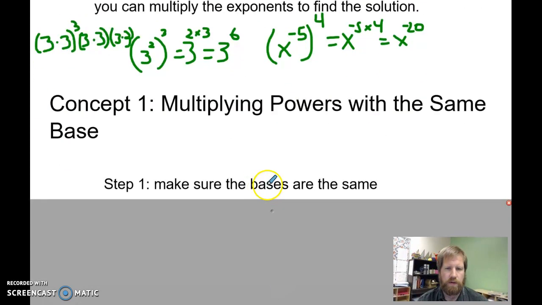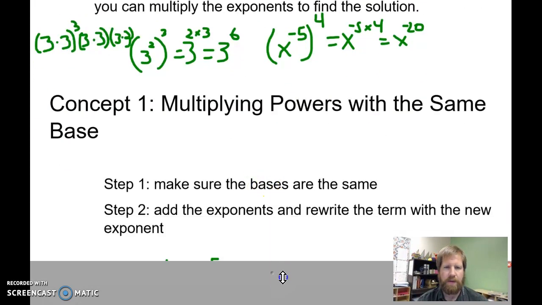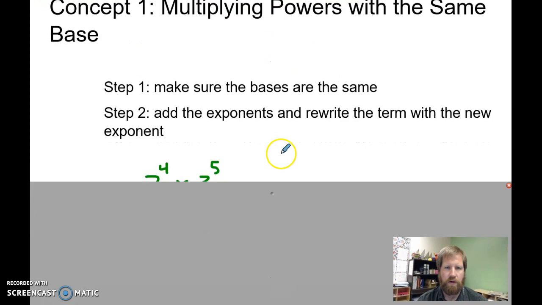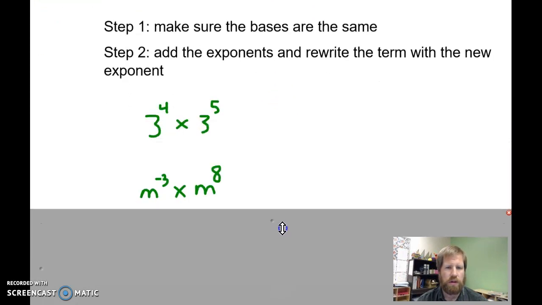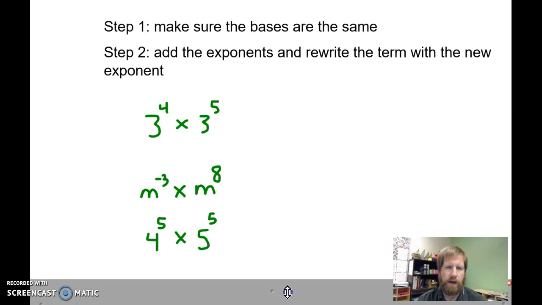So concept 1, multiplying powers with the same base. We've gone over this, so this will be a short part of the video, but these are the kind of questions that you'll come across. Your first step is to make sure the bases are the same, and your second step is to add the exponents and rewrite the term with the new exponent.